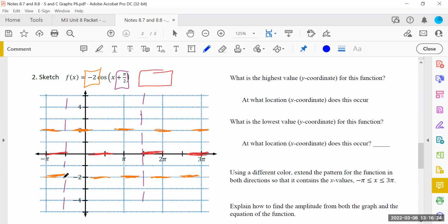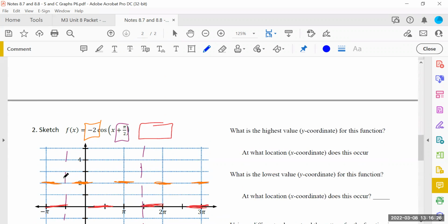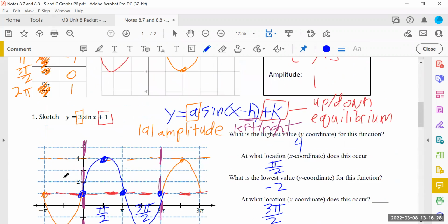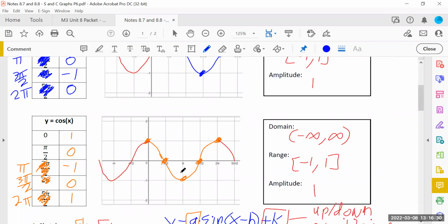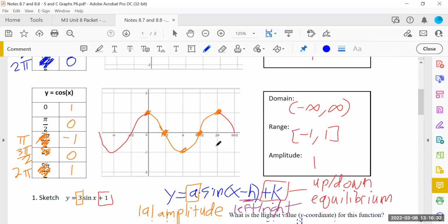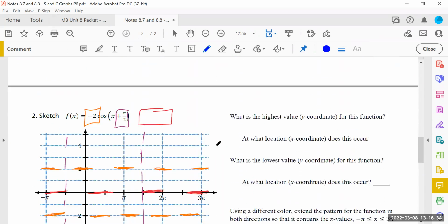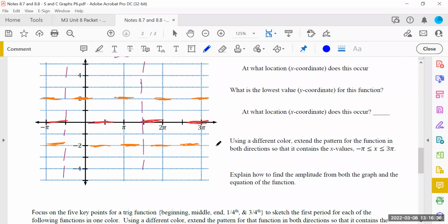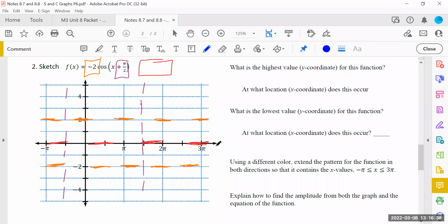Now, normally cosine, like we saw on the previous page, starts high and then goes middle, low, middle, high: maximum, equilibrium, minimum, equilibrium, maximum. Why am I not going to do that this time? What's the other change this graph has? The negative.